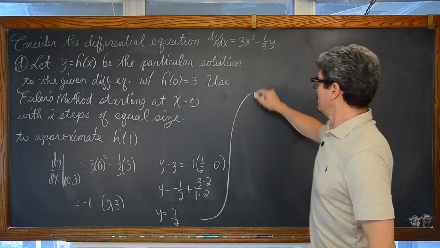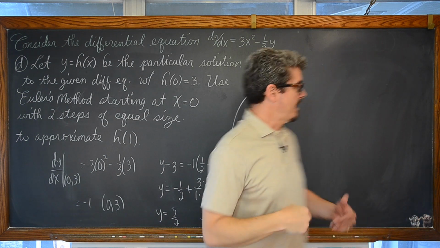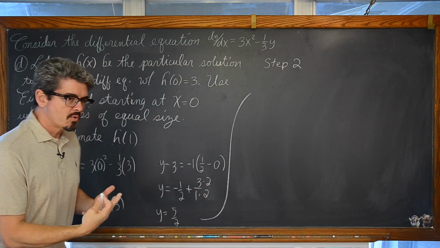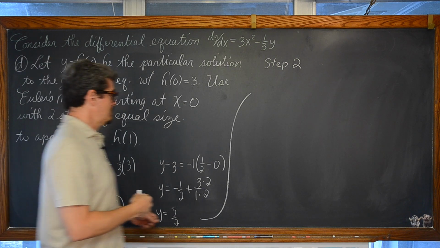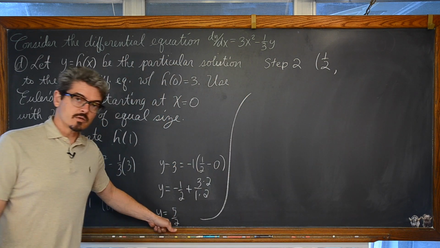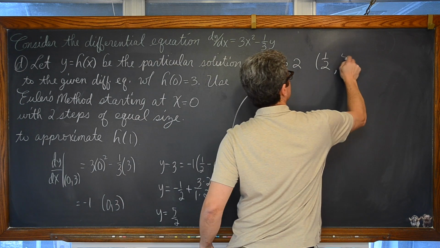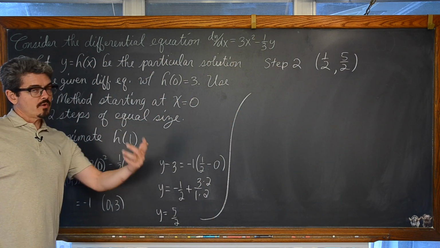So now we're going to go to step 2, where we have an approximated point for function h using our tangent line. Our new point is a half step off, so it's 1/2 and the new y-coordinate we just found of 5/2. And while we have a point, we don't have a slope.